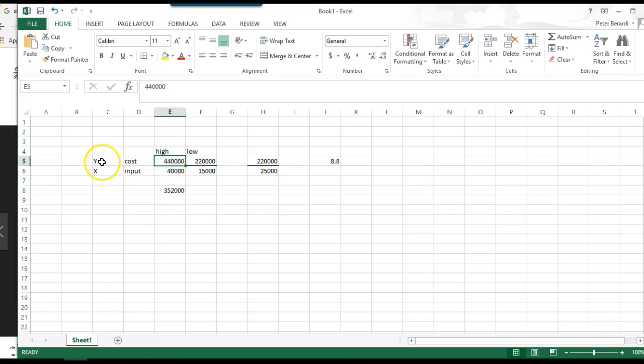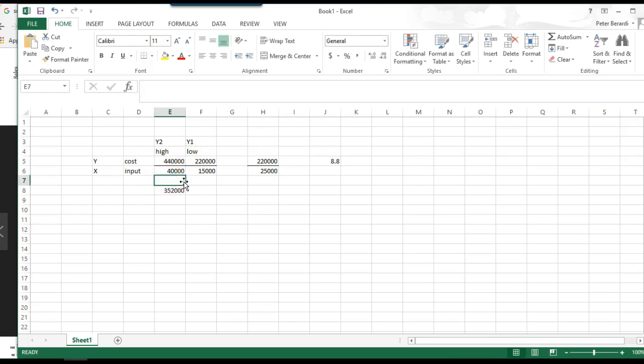Let's say our highest input on the y is 440,000, the low is 220,000. And the x input high is 40,000 and the low is 15,000. Essentially, the 440,000 and the 220,000 represent y2 and y1.